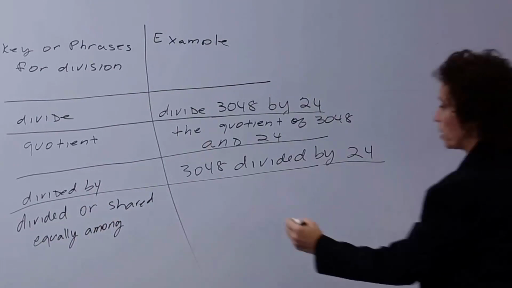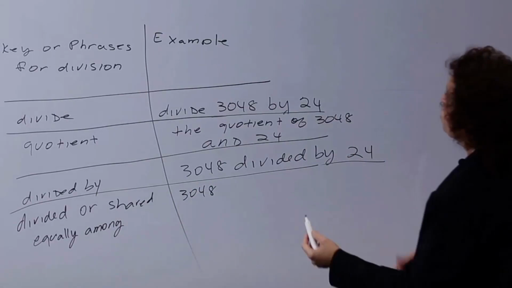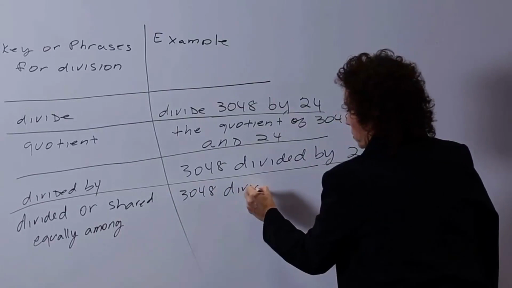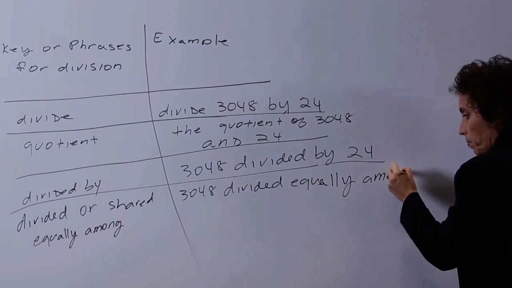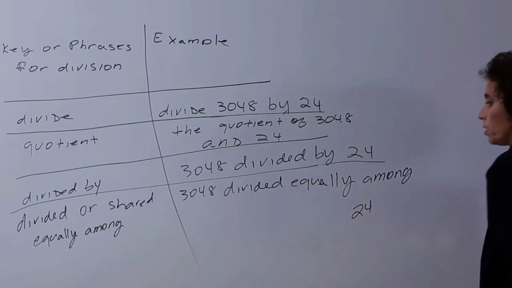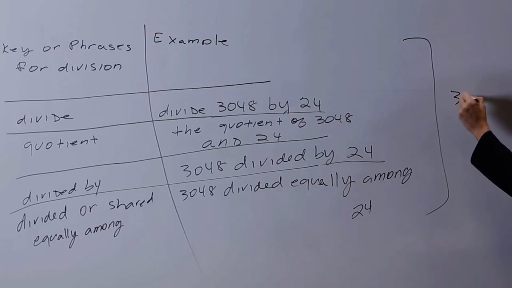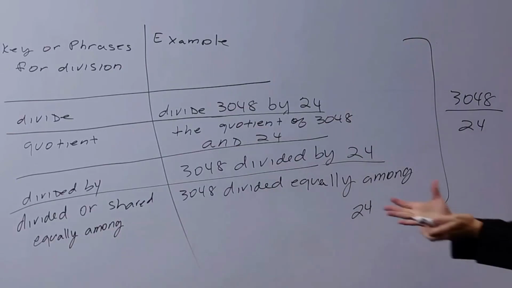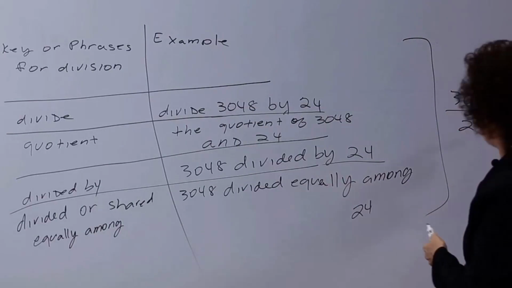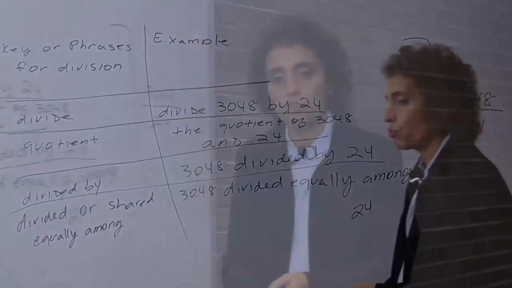So that might say something like 3,048 divided equally among 24. Now the symbols for all of these would be 3,048 divided by 24, or any of the other symbols we talked about a minute ago. Again, I'm probably going to use this division line or fraction line because you usually will see that more in algebra. Okay, so those are the key words so far for division.